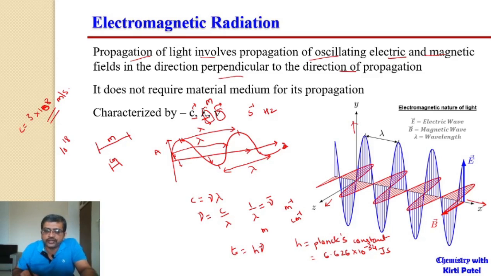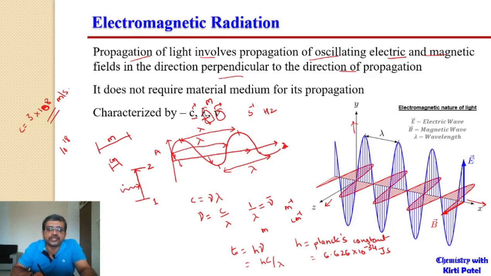So we can convert this: as nu we have c upon lambda, so E will be equal to hc upon lambda. So if we have lambda, that is wavelength, then we can easily calculate the energy associated with that wavelength. Or if two energy levels are there, say from energy level 1 to energy level 2, if matter needs to go from energy level 1 to energy level 2, it needs to absorb a certain radiation.